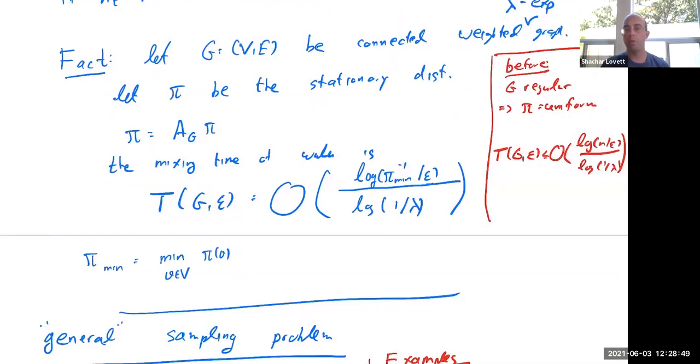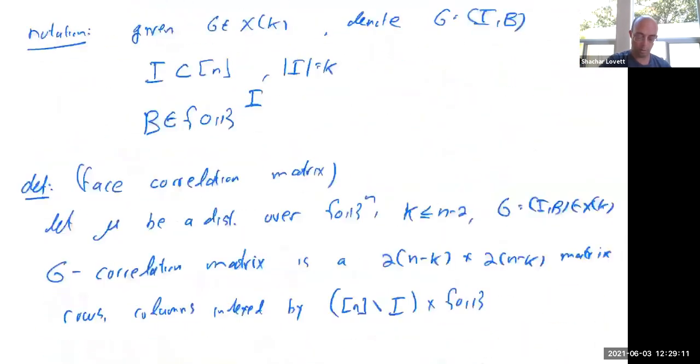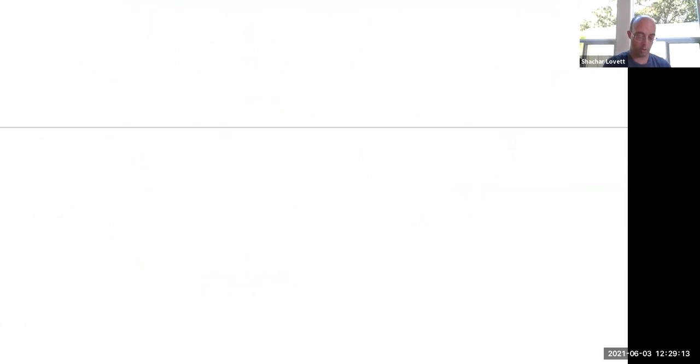So we said in general, if you use spectral expansion to analyze random walks, assume lambda is a constant, the bound you pay is logarithmic in 1 over the smallest probability. So now this log Sobolev stuff.